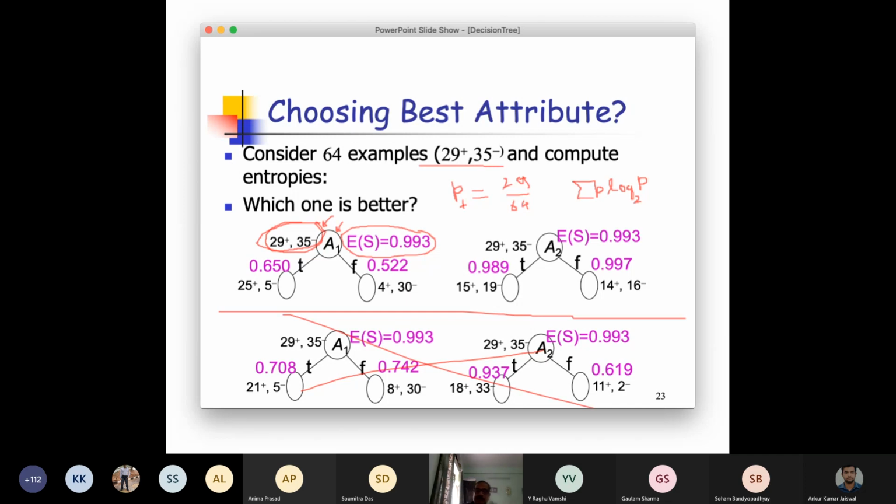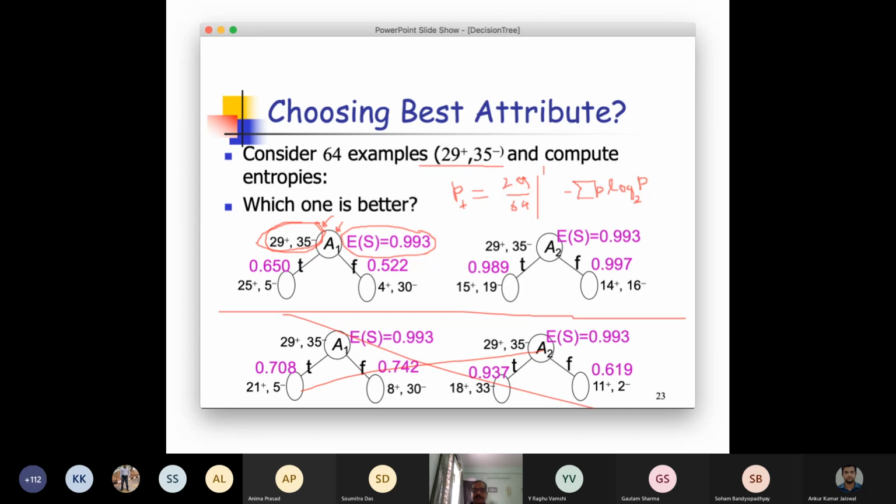Of course, you have to take minus. It is log 2 of 1 by p, not log 2 p, which means minus of log 2 p. That is the measure of entropy. So this is your entropy.